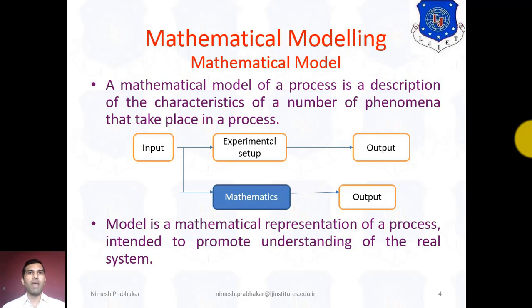So this is the definition of a model. The use of a model of any process is to promote the understanding of a real system. So this is a mathematical model.